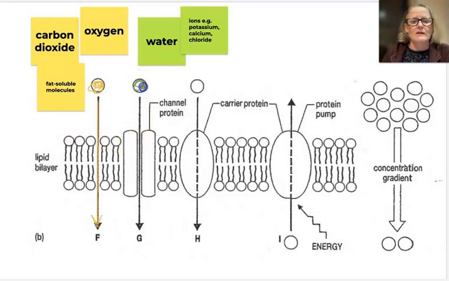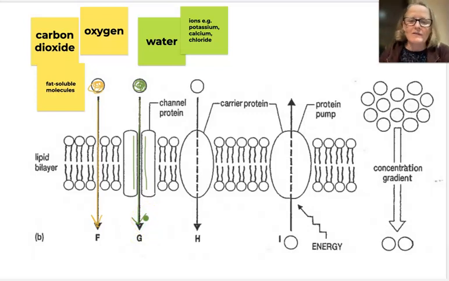So they're going to go down this green line here, down their concentration gradient from an area of high concentration to an area of low concentration. And the channel protein has a tube down the center that is lined with hydrophilic amino acids. So that's water-loving amino acids, which means that water and any of these ions that are surrounded by water, because they are charged, can go through that channel without any impediment from the hydrophobic regions.